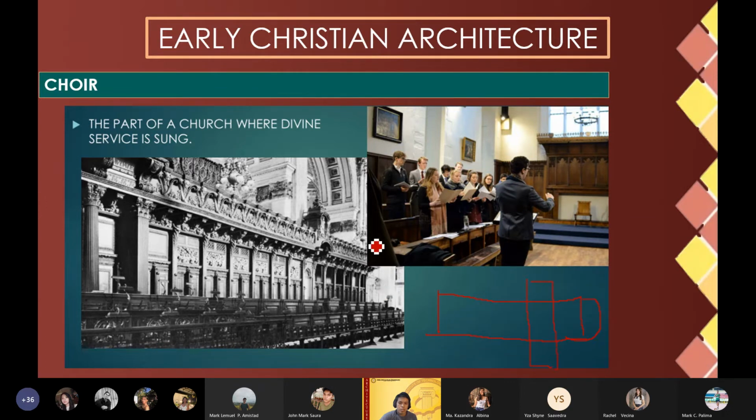Sorry, I'm using a mouse in drawing this one. Your choir is here, a portion of that transept. And this one, the semicircular part, is the apse. And the bema, if it is not cruciform, bema is this one.